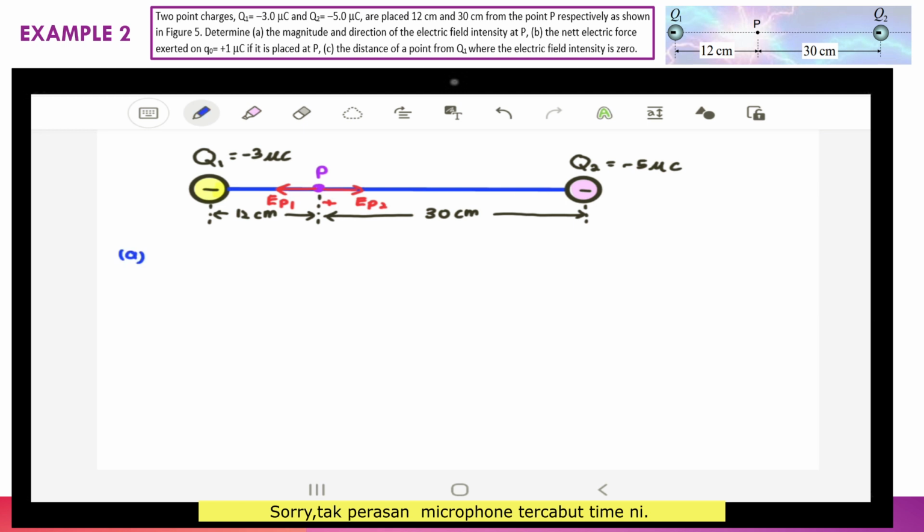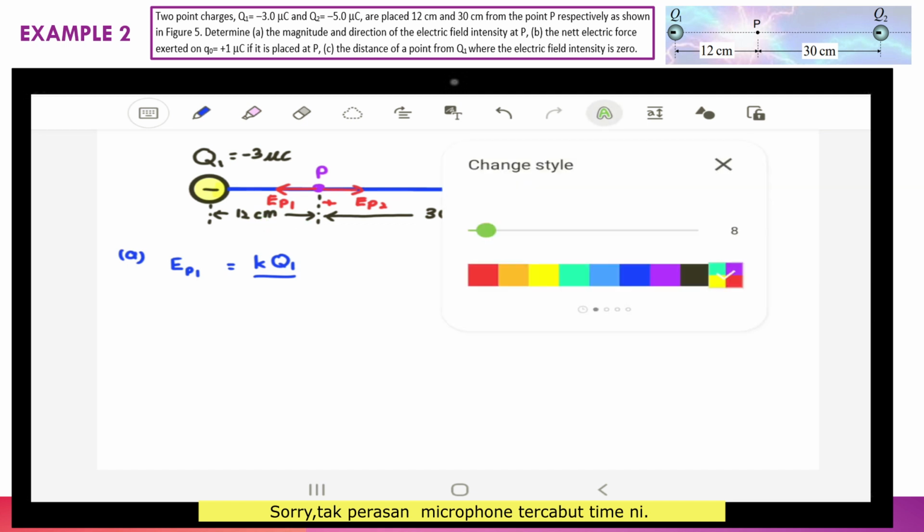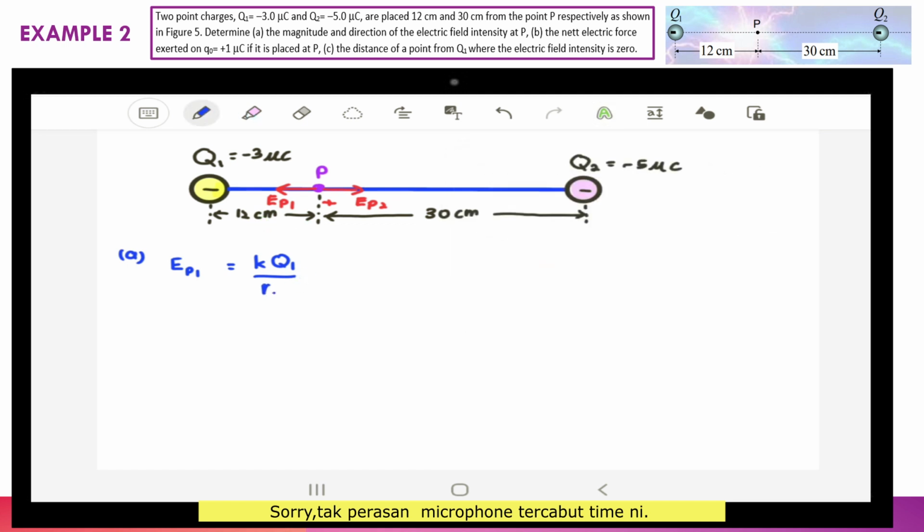So now let's calculate the electric field strength at point P due to the first charge. EP1 is equal to KQ1, the charge 1, over the distance between point P and charge 1. The distance between point P to charge 1 is 12 centimeter, and we put it as R1. So it's R1 squared. You can straightly substitute.